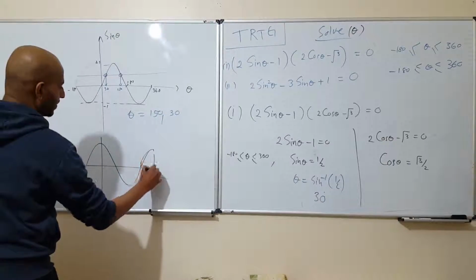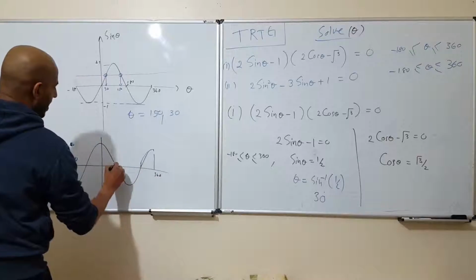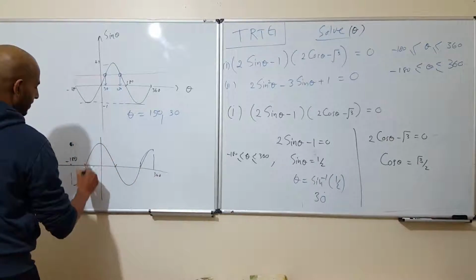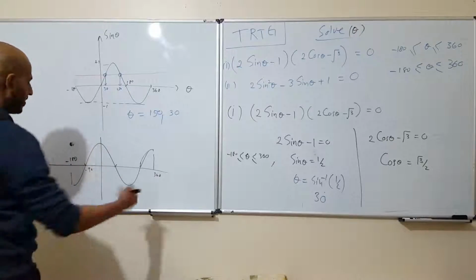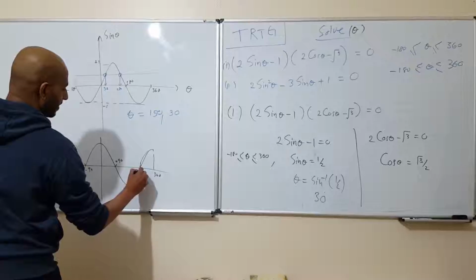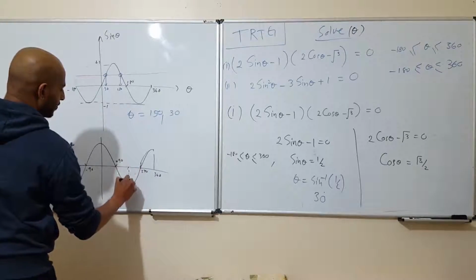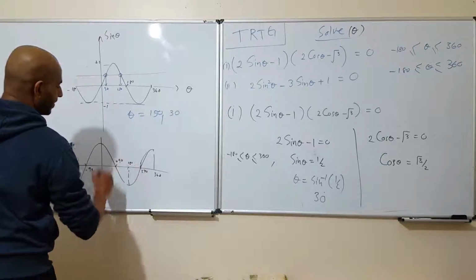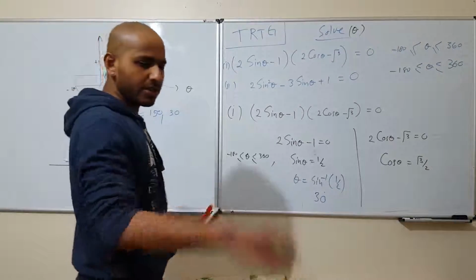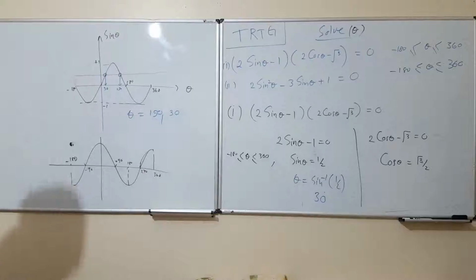I would like to remind you, please practice sketching these sorts of graphs. Knowing how to sketch is very useful. It doesn't have to be perfect, just useful sketches are what we are looking at.